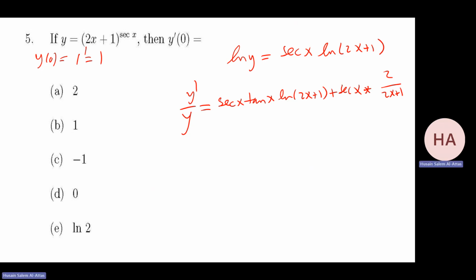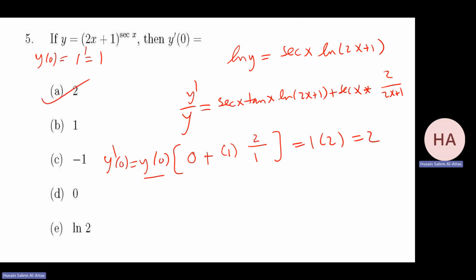Secant 0 is 1. So y prime at 0 will be y at 0 times this. Secant 0 times this is 0, plus secant 0, which is 1, times 2 over 1. And this is 1, so it's 1 times 2, which is 2. That's it.